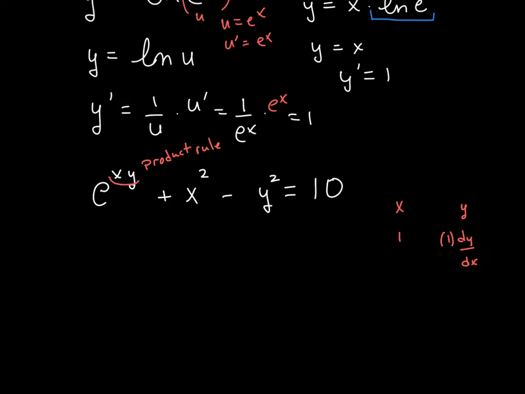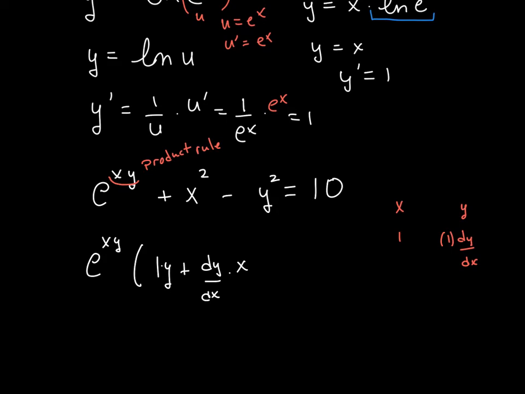So the rule here gives me e to the xy, because the derivative of e to the u is just itself. But then I have to multiply that times 1 plus dy dx times x. Sorry, I forgot to write my 1.